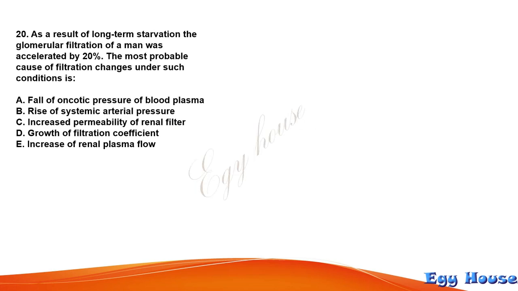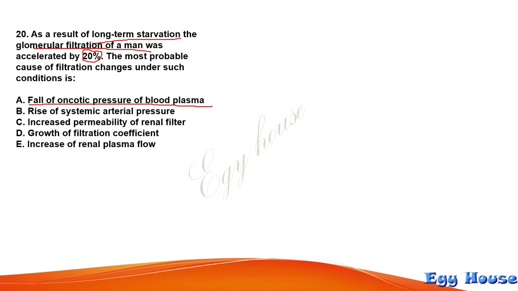So in this question, as a result of long-term starvation, the glomerular filtration of a man was accelerated by 20%. And this is caused by the fall of oncotic pressure of blood plasma.